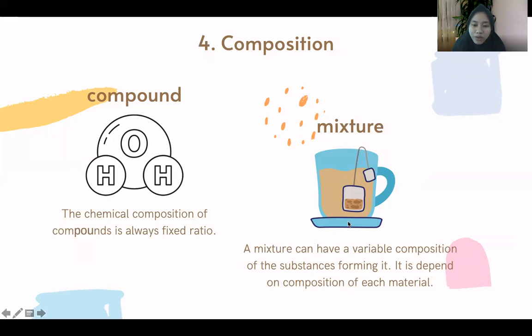Like if we make a cup of tea, we mix the water, tea, and sugar. And if we want to make the tea sweeter, we can add more sugar, so the composition depends on each material.